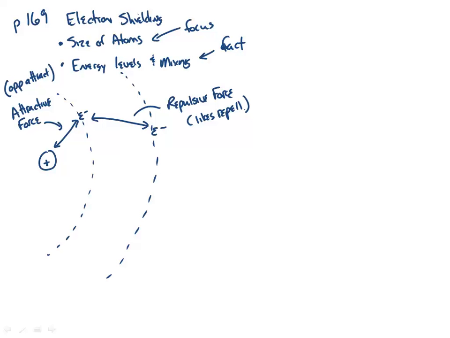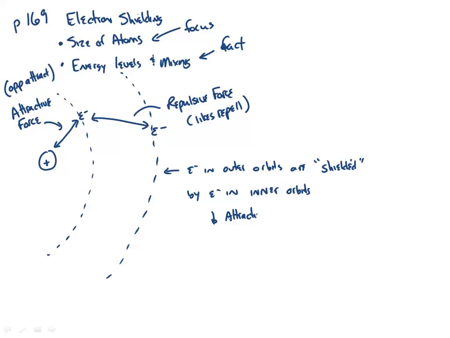So we've got these attractive forces and these repulsive forces going on. What happens is that the electrons in the outer orbits are shielded by the electrons in the inner orbits. That decreases the attractive force and increases the repulsive force they feel.